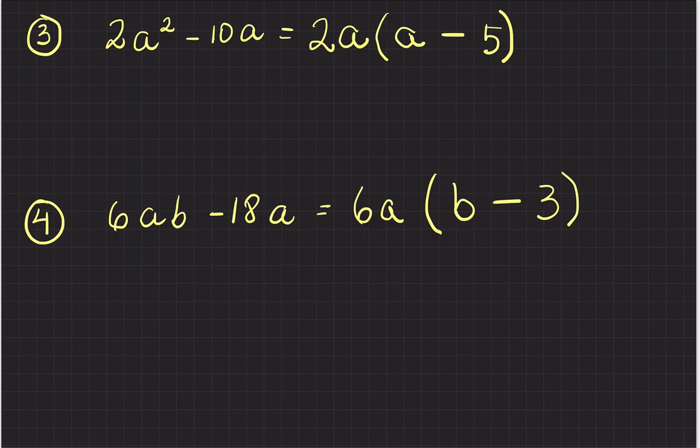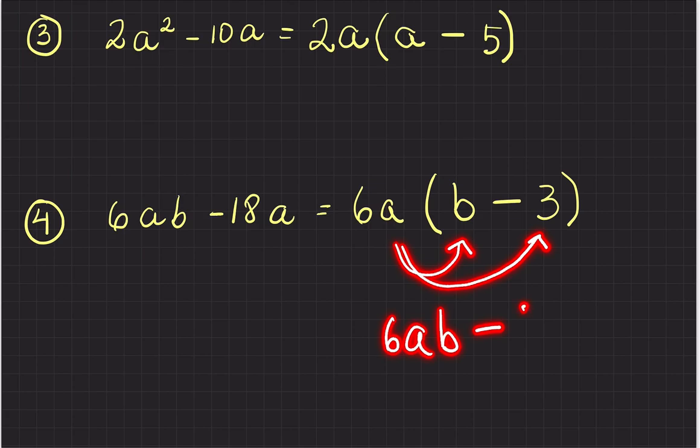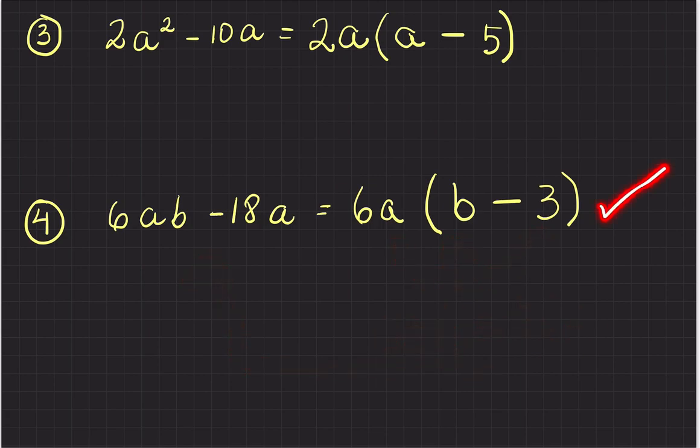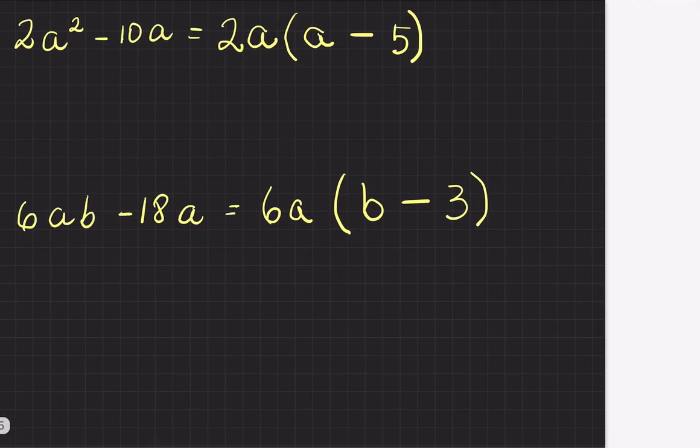Let's check if we did it right. 6a times b is 6ab. Then comes the negative sign, and 6a times 3. 6 times 3 is 18, 18a, which is exactly the same as what I have here. So my factorization is right.